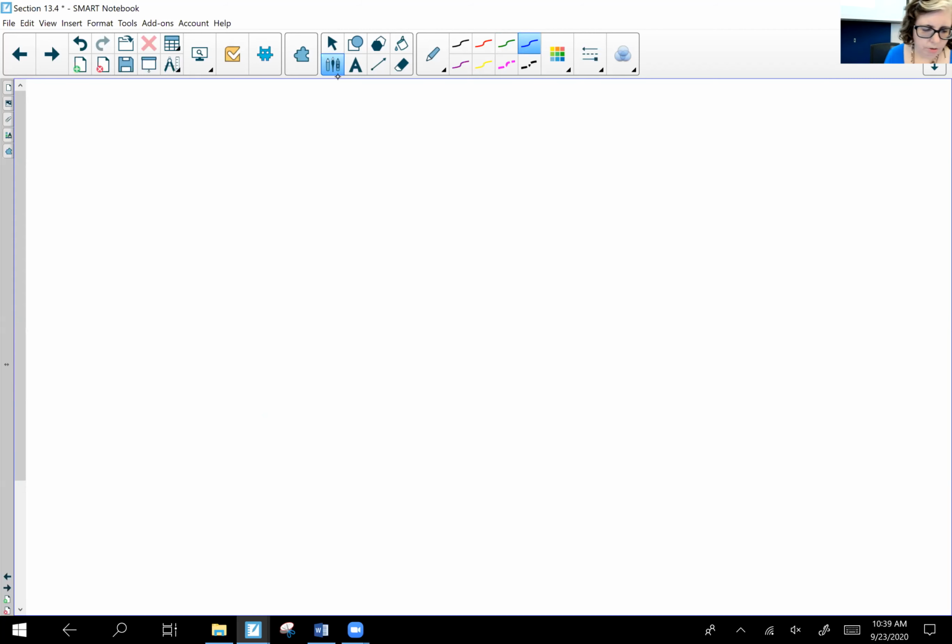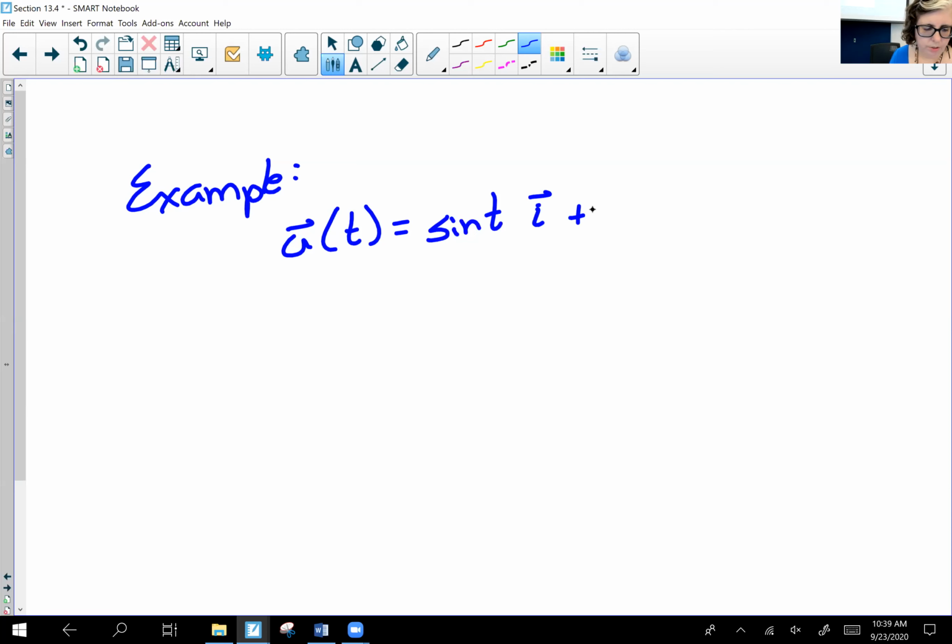All right, so let's do this example, and this is also in your homework. I'm not sure what number it is though. If you're given a of t, that's sine of t i plus 2 cosine of t j plus 6t k.